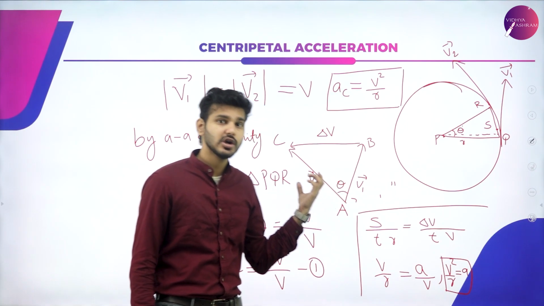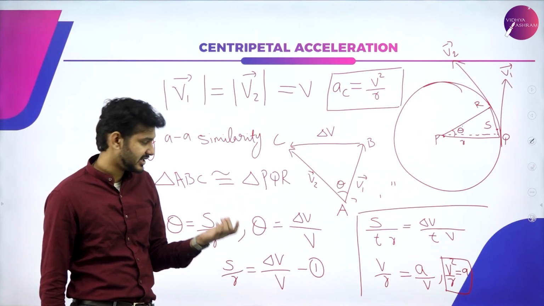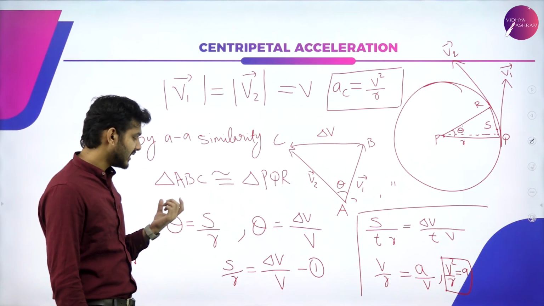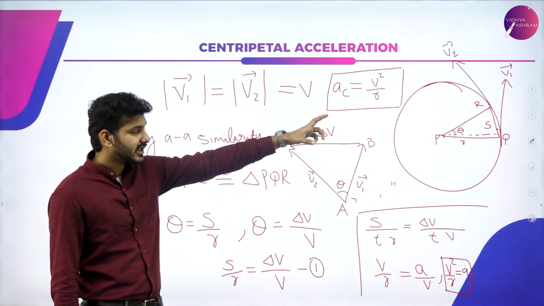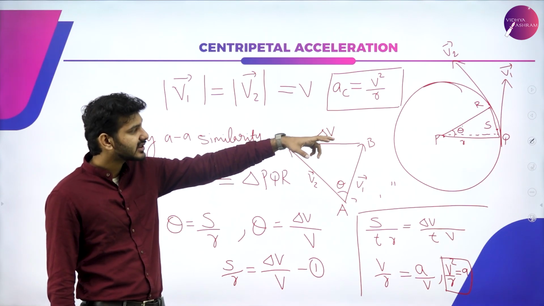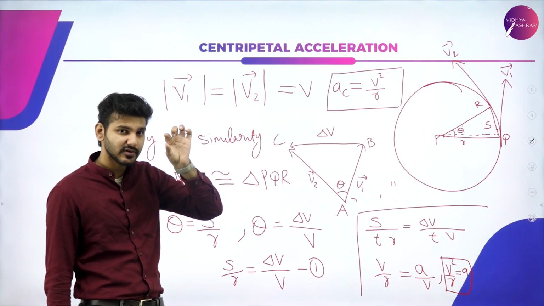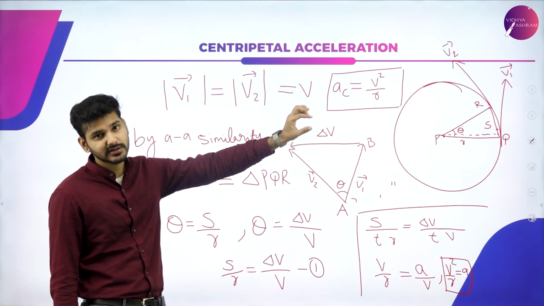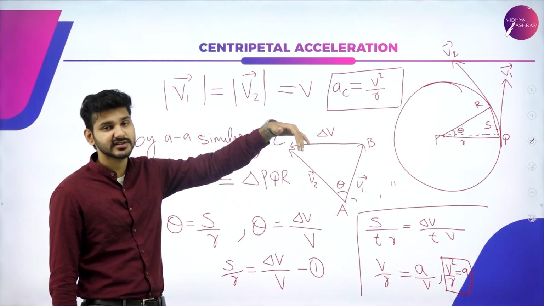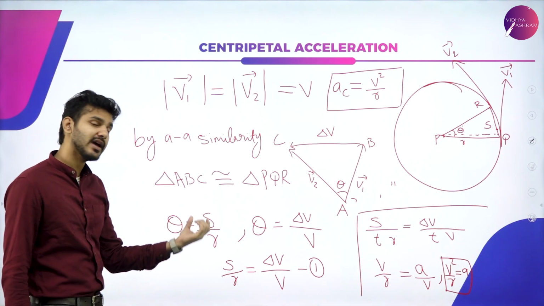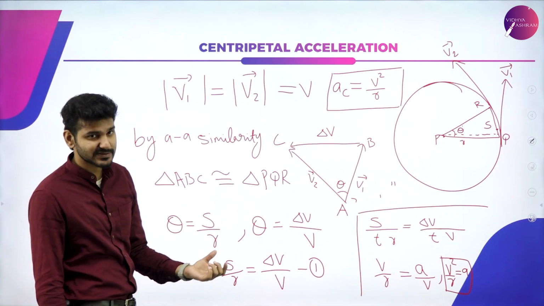Because of that relation, we can write down that theta will be equal to, in that triangle, arc length by radius. Arc length is taken as S. When we take a really small triangle, the curve will be equal to that particular side. So that is why theta is equal to S by R. S is nothing but displacement.